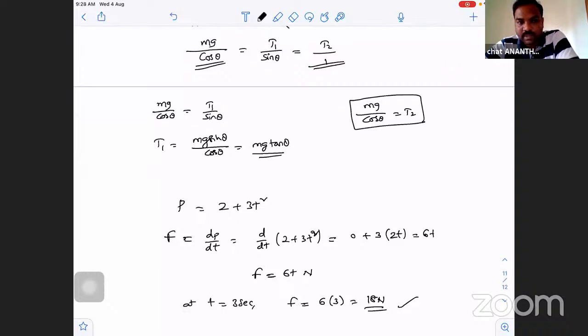Revise the free body diagram and the equilibrium concept, and tomorrow we'll discuss some other models and some other questions also. Okay. So bye everyone. We'll meet tomorrow.